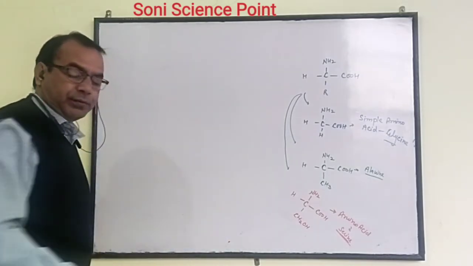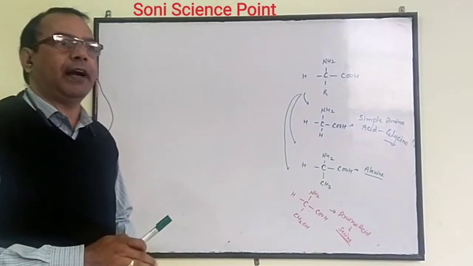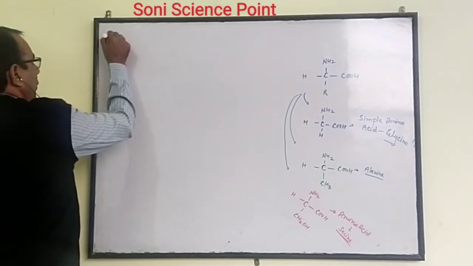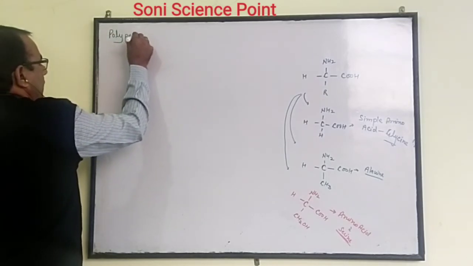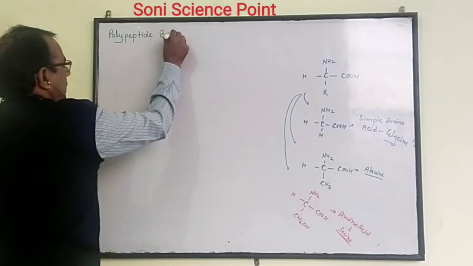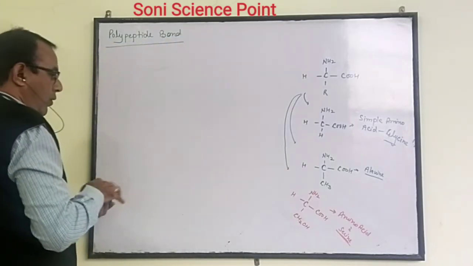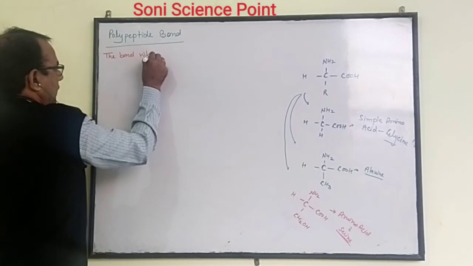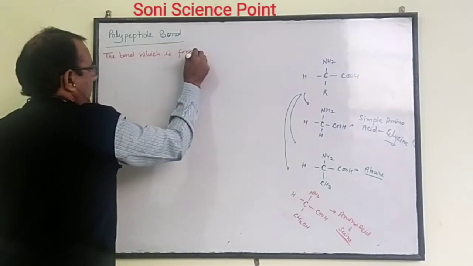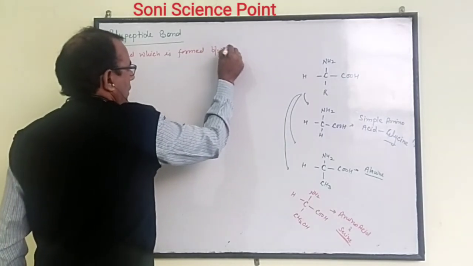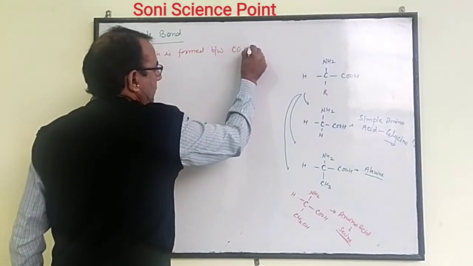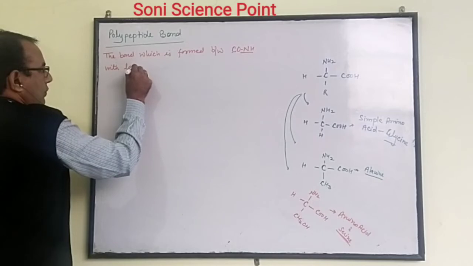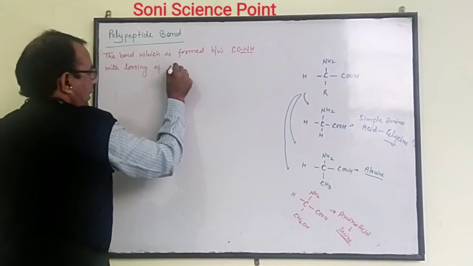The polypeptide bond is the bond which is formed between CO, the ketone group, and the NH group, with the loss of a water molecule.